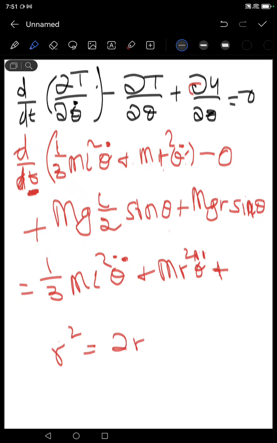And then we have the m and the theta dot. So it's going to be 2r m theta dot. But we are differentiating with respect to time. That's why we're going to have r dot, to show that we are differentiating with respect to time. Got it?